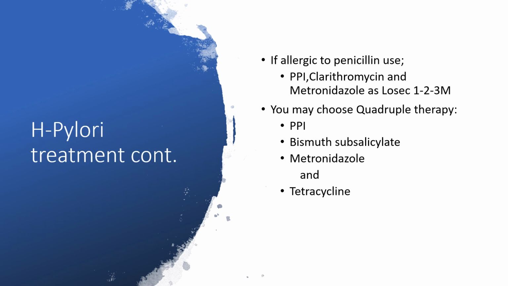If allergic to penicillin, we can use proton pump inhibitors, clarithromycin, and metronidazole as Losec 1-2-3M. You may choose quadruple therapy involving proton pump inhibitor, bismuth subsalicylate, metronidazole, and tetracycline. But not everyone could take tetracycline, remember?